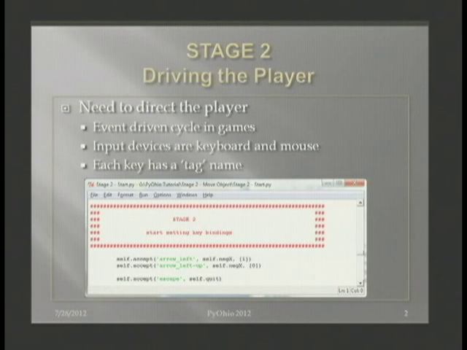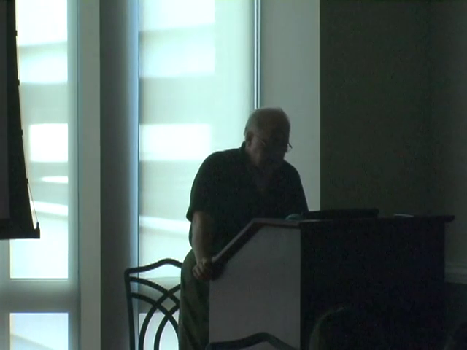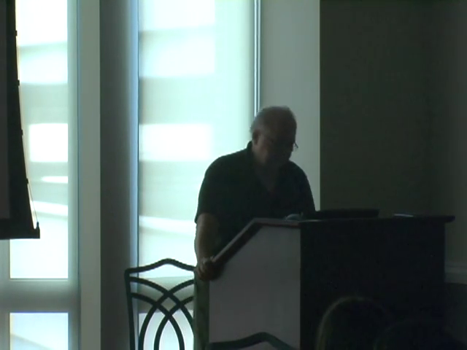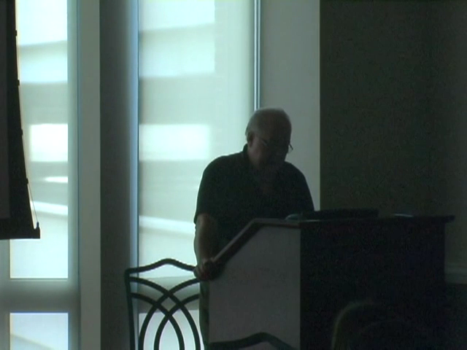In other words, it keeps rendering the scene, and when it detects an event being given by the user, it immediately acts on that event. It reacts to that event how it's programmed to react. Now, our input devices are keyboard and mouse. And in Panda, you could easily configure a joystick or some other device to control everything. And each key has a tag name.